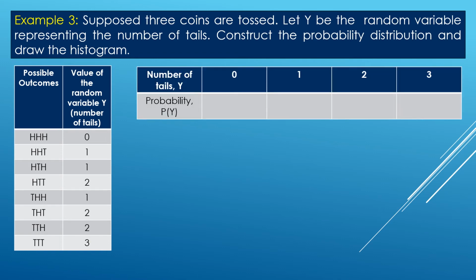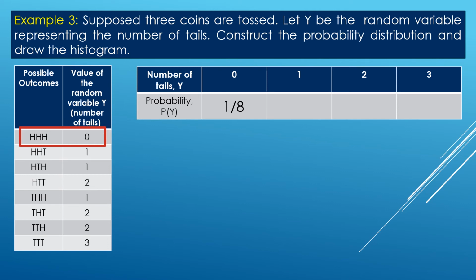Then we will construct a distribution. We will just arrange in ascending order this random variable. So we have here 0, 1, 2, and 3. Okay, their corresponding probabilities are, let us check. For 0 tails, we only have 1.